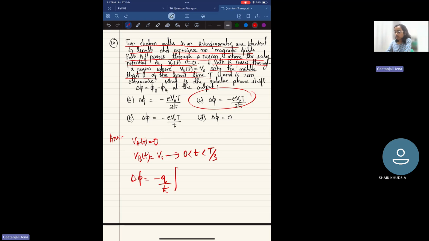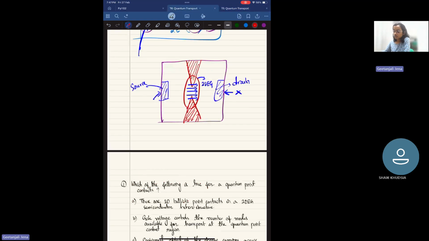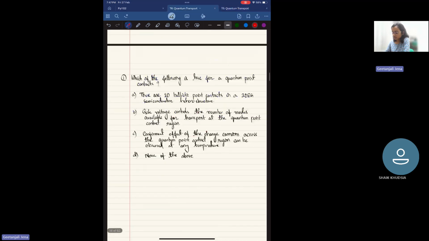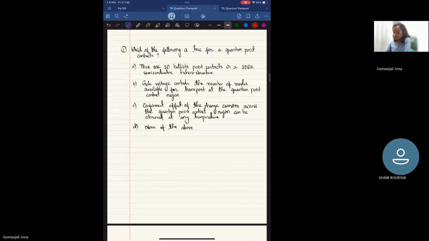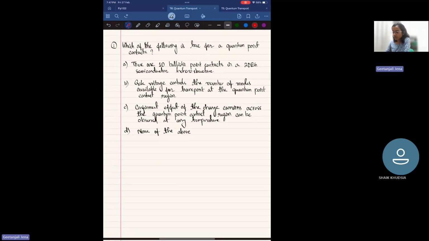Now let us solve what we have for week 6. Question number 1, which one of the following is true for a quantum point contact? Option A, these are 1D ballistic points in a two-dimensional semiconductor heterostructure.